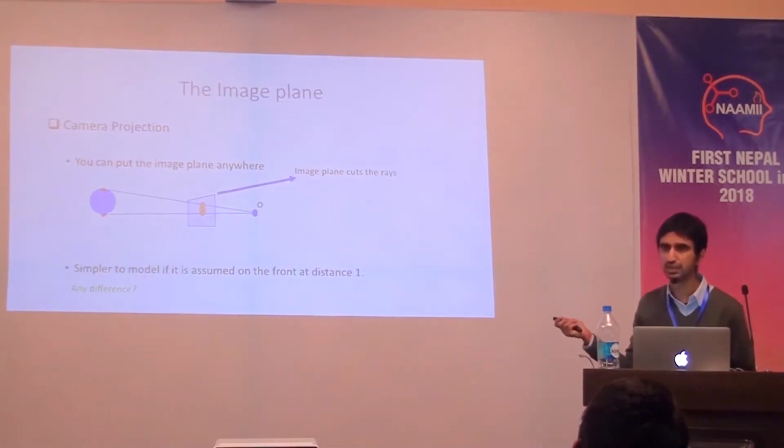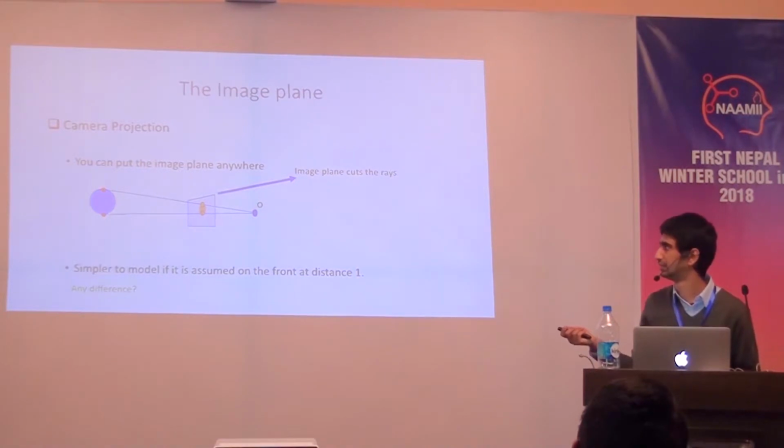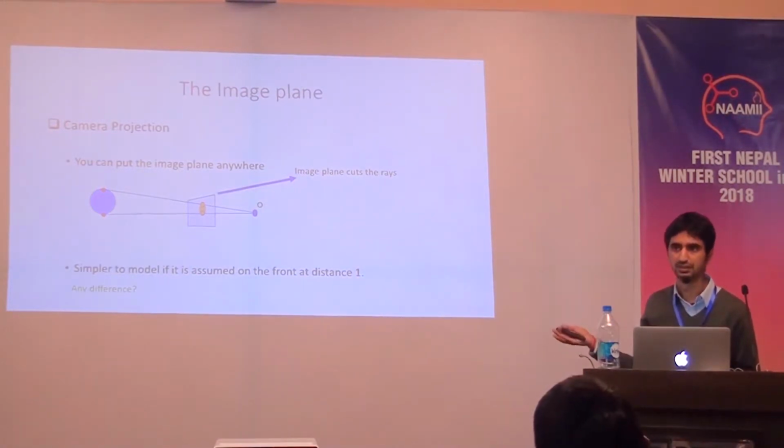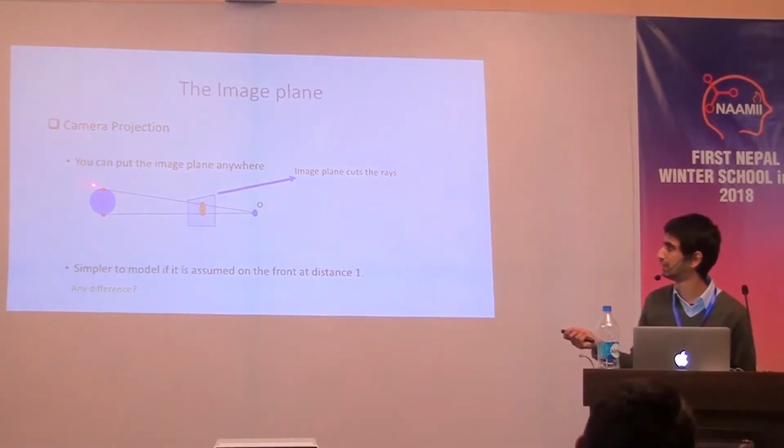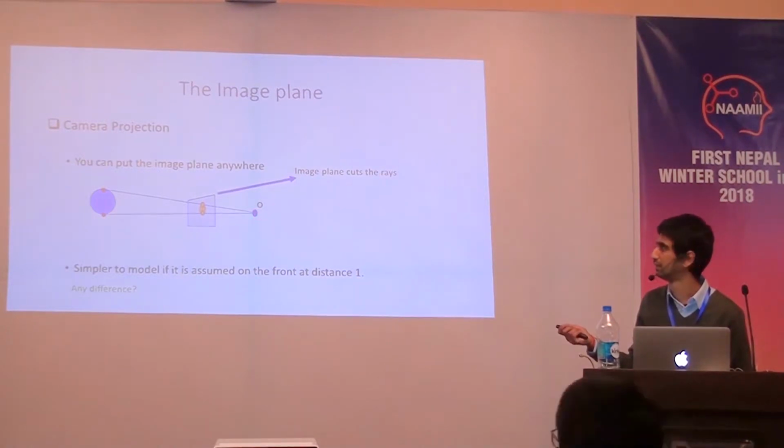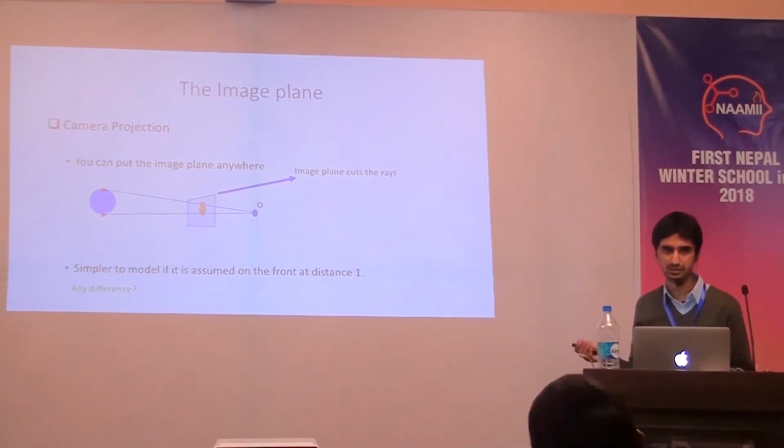So this is what a camera projection is: 3D rays coming into a 2D plane, and wherever the plane hits the rays, that's the image of the point. And the rays have to be converging to this point, which is the camera center.